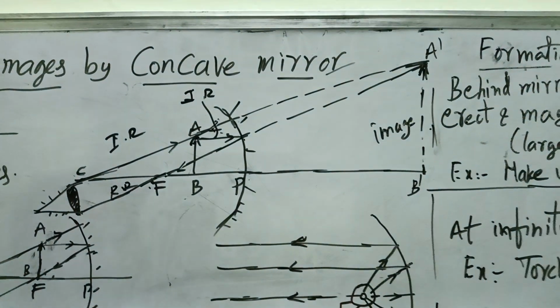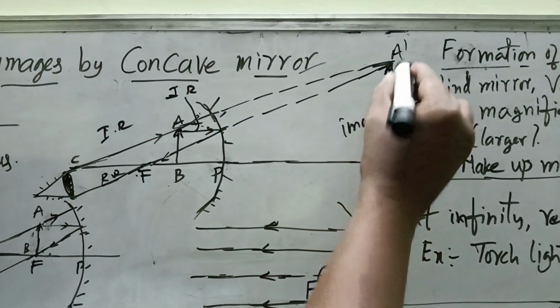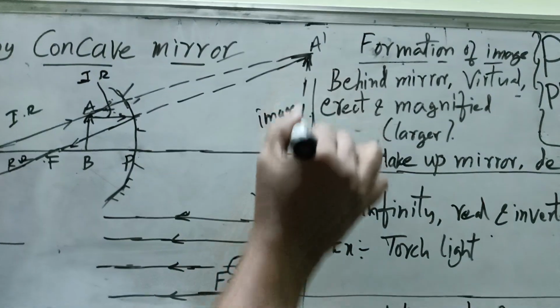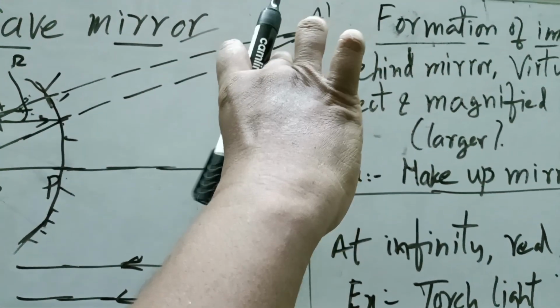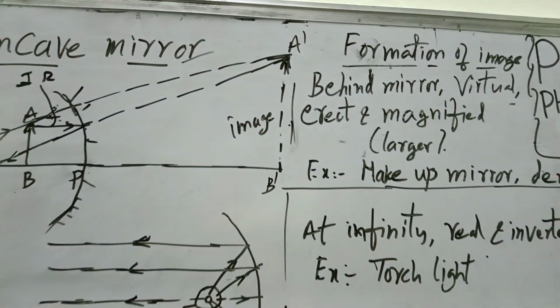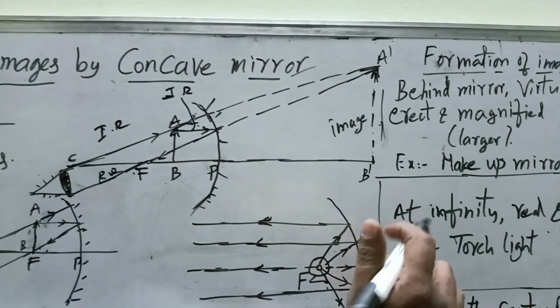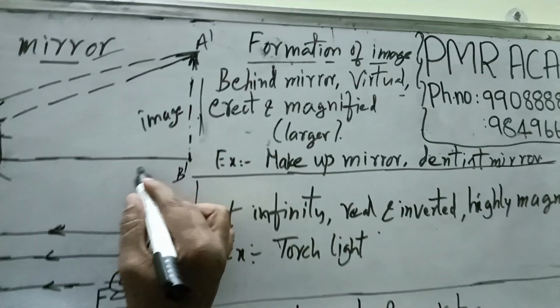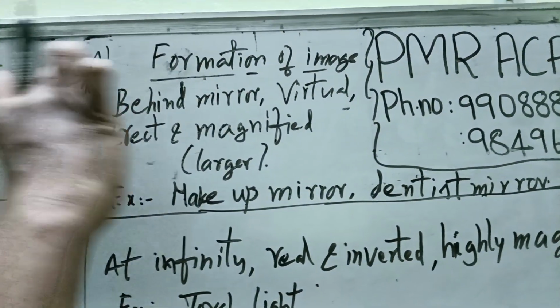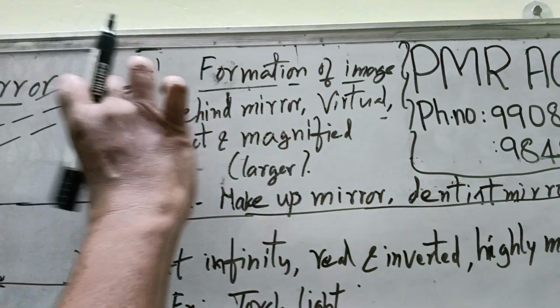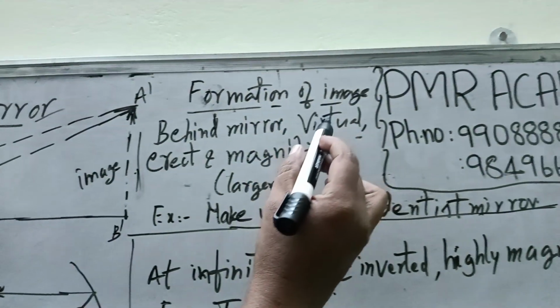They meet at a particular point. Now this point, A dash B dash, is called the image. So for such a location of the object, we get a virtual image behind the mirror.